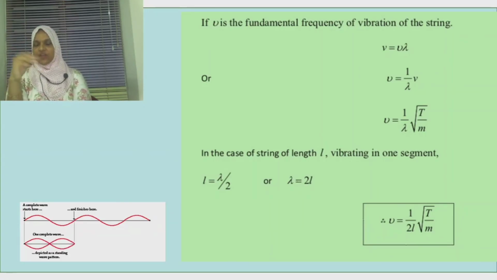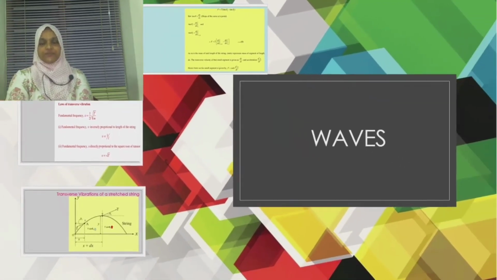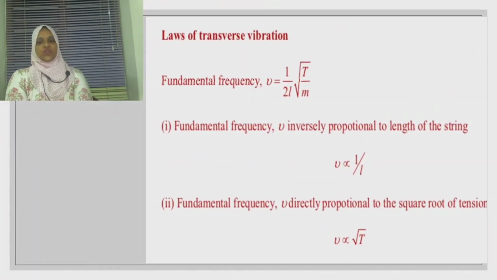The first law of vibration is: if you keep T and mass per unit length constant, that is, tension and mass per unit length, in the case of a transverse wave moving along a string, the frequency of vibration, or frequency of the wave nu, will be directly proportional to 1 by L, or the frequency is inversely proportional to the length of the string.